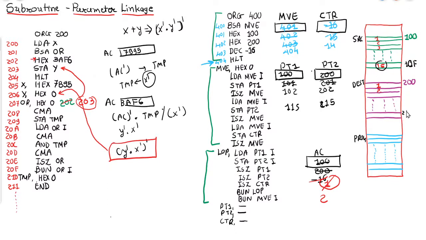Here the last instruction will be 20F. Okay, so here also there will be a change. I have written decimal, so 10F and 20F. Okay, so this is the last instruction. The value of the counter will be, let's say, minus 1.